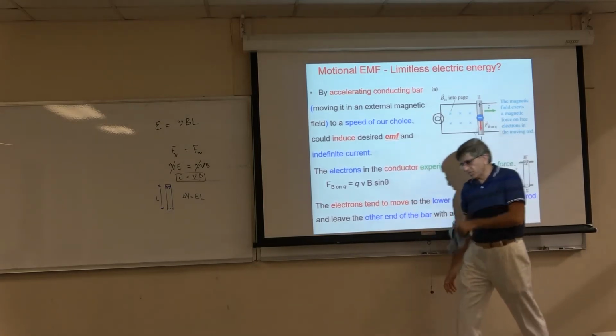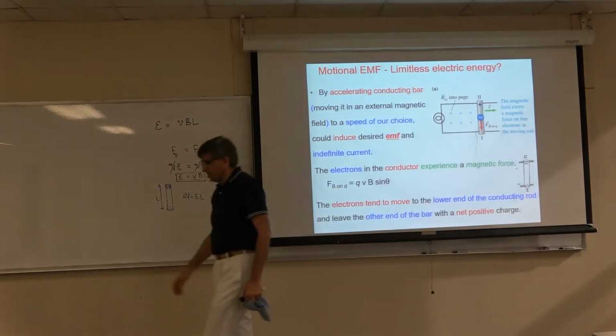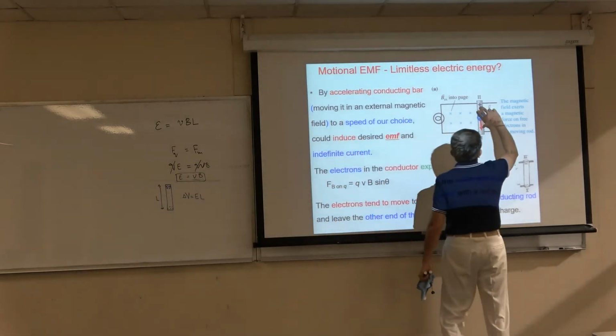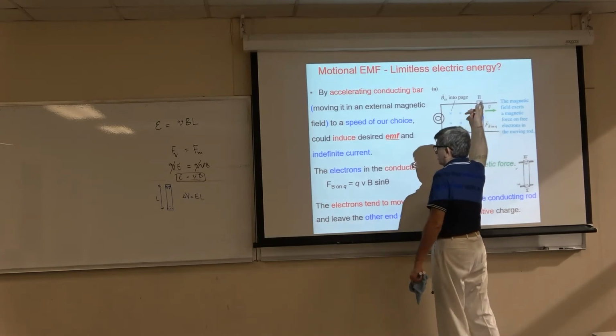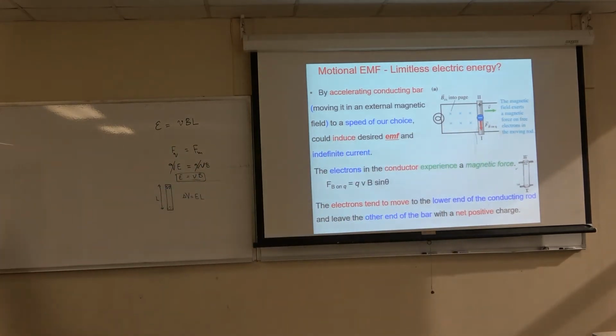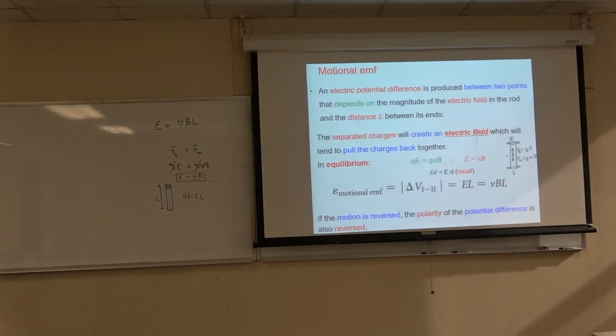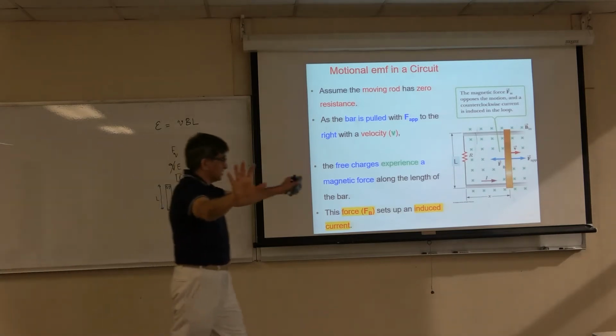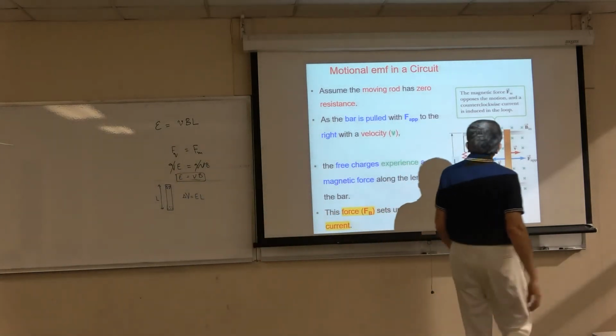So the polarity of the potential difference will be reversed, and the charges will accumulate in the opposite direction. The direction of the EMF will be reversed. That is just the polarity changing, nothing else. But we still have a current and an induced EMF.